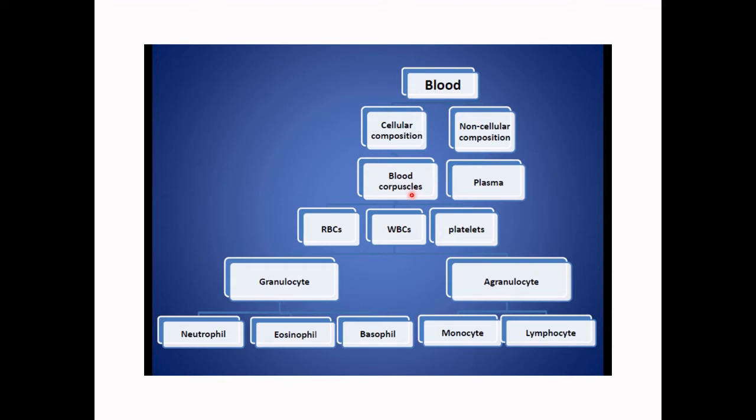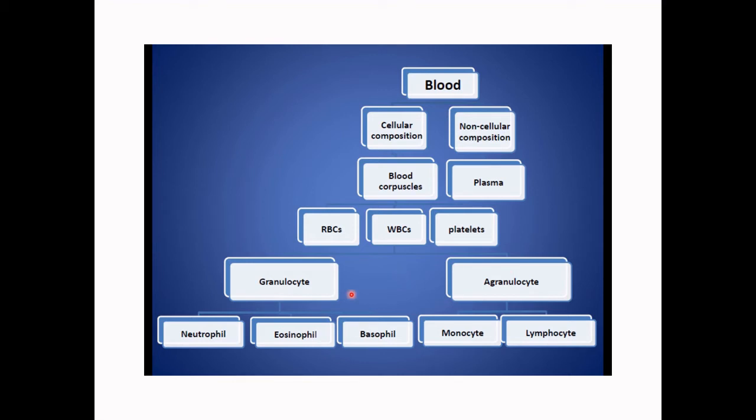Now blood corpuscles can be divided into RBCs, WBCs and platelets, which are red blood corpuscles, white blood corpuscles and platelets. Among these three, WBCs are classified as granulocytes and agranulocytes based on whether the cells have granules. Those with granules are classified as granulocytes, and those WBCs which do not have granules are known as agranulocytes.